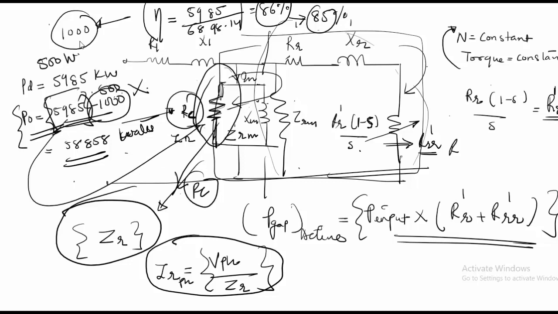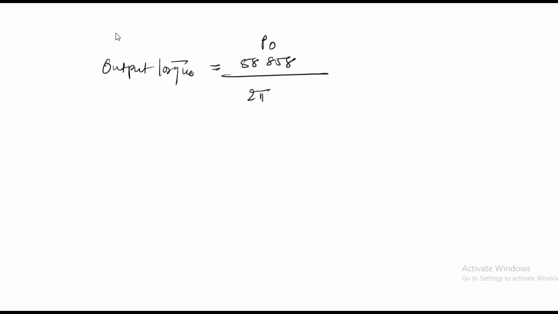So this is how it's possible to calculate the torque and the other parameters based on the equivalent circuit if it is given. So my output torque in this case will be equal to 58858, which is my P output, divided by 2 pi ns.